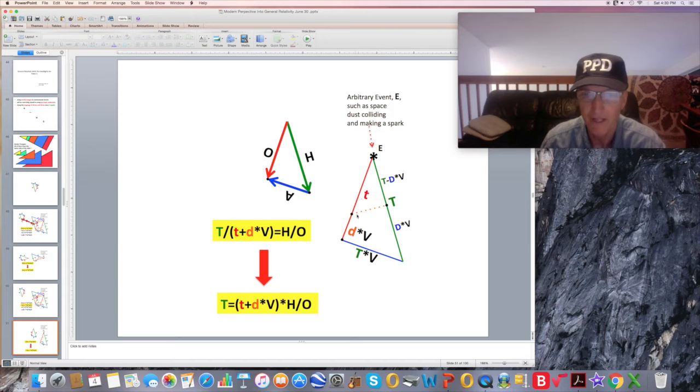If you take T and divide it by little red t plus d times v, it's the same ratio as H over O. So I write that down: T divided by little red t plus d times v equals H over O. That's that highlighted expression on the top one, and then I take the little red t plus d times v and multiply both sides by that. So I isolate the big green T on the left-hand side.